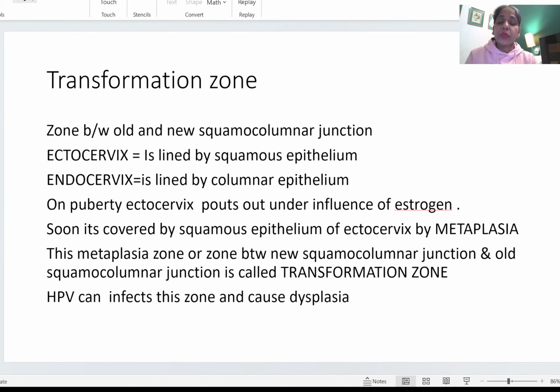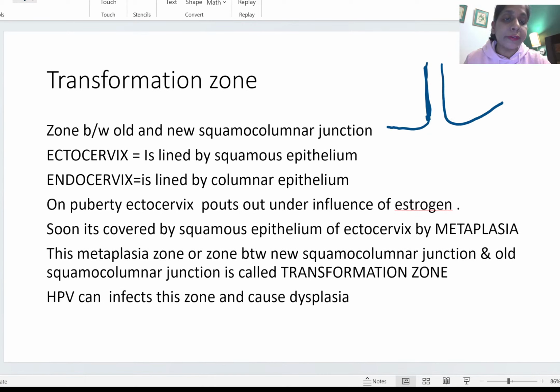Okay. So let us study the transformation zone. Here I would like to tell you about the squamo-columnar junction. This is the endocervix and this is the ectocervix. This is the uterus, right?